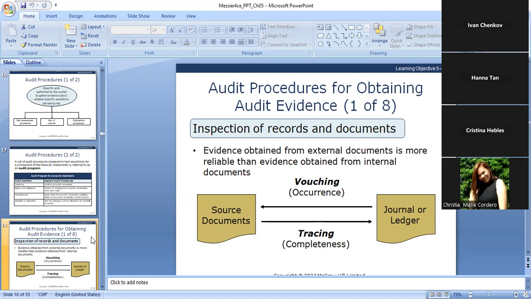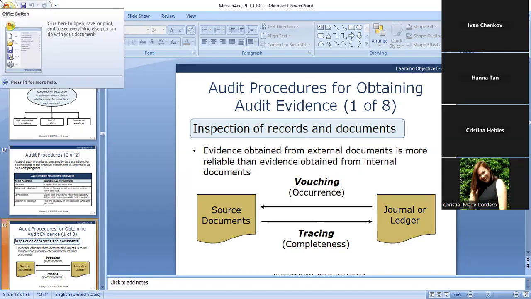We're getting to the specific terminology. If you don't use this terminology in the audit world, you're not going to pass the audit exam. Now this is the level of audit, the level where your elective is audit.